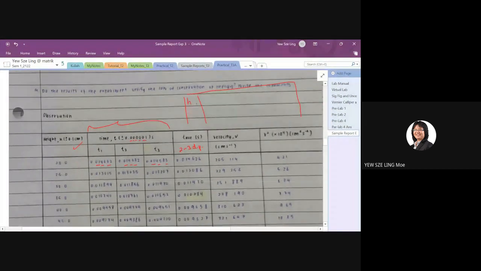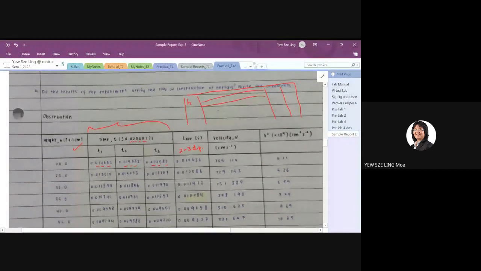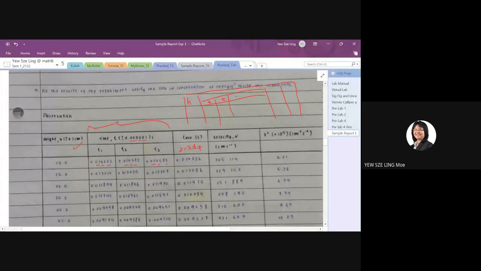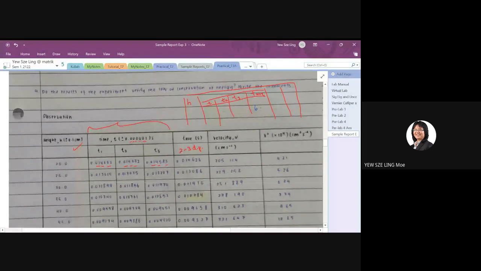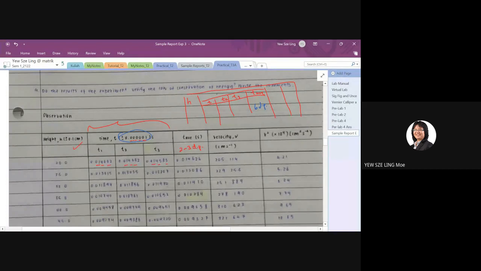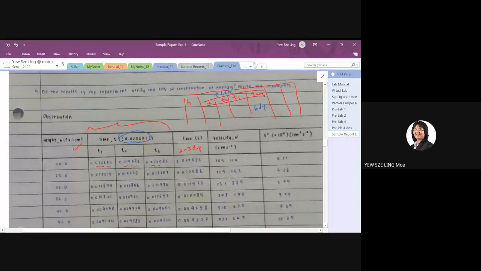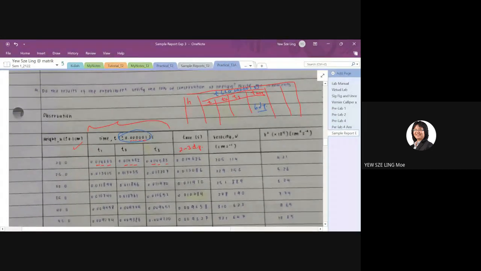You have an H here, then this is your V squared, this is your V. Some students put T1, T2, T3, and then T average. In this case, this T average needs to be 6 decimal places, following your uncertainty, because here you put T as plus minus 0.000001 second.